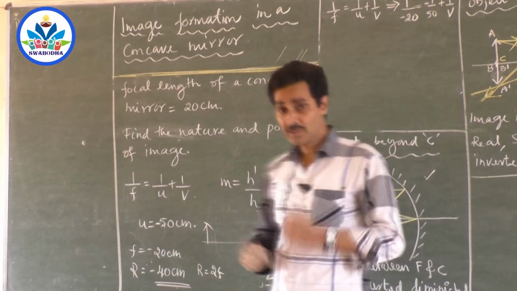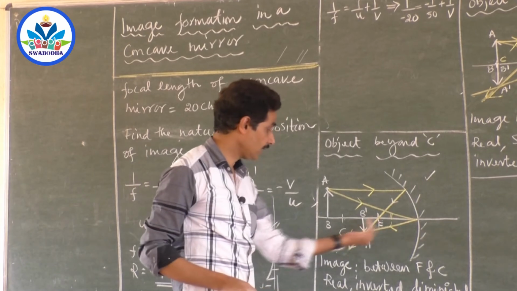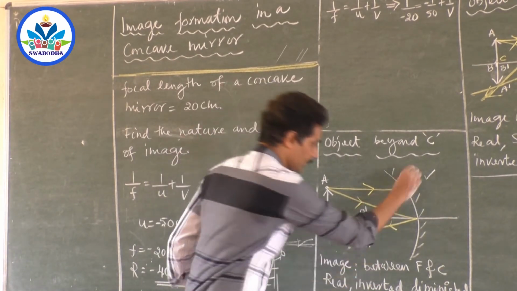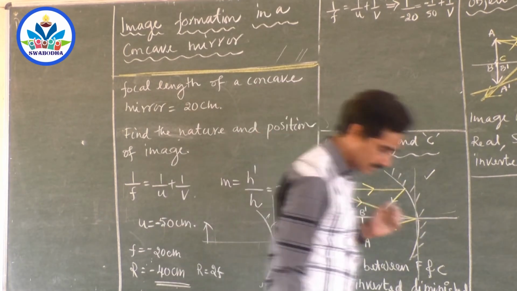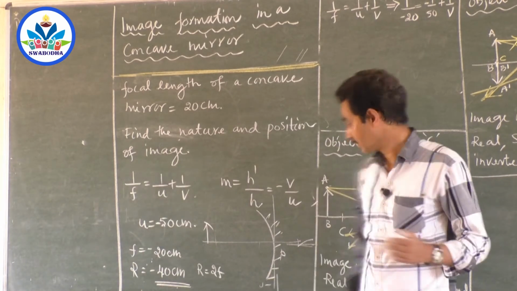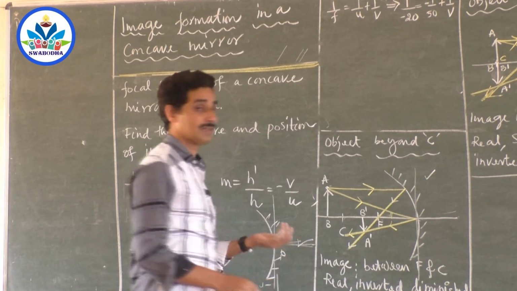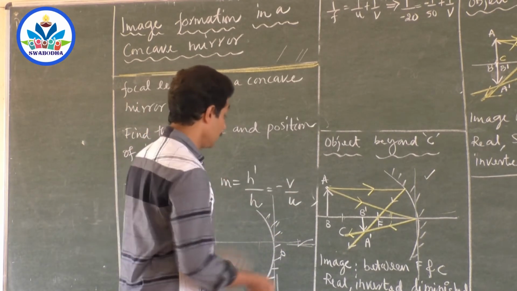Now v should also come with a negative sign. Can you tell me why? The image is also on the left hand side, between f and c. All the distances are measured from the pole, but the rays are moving forward, while the image distance has to be measured from the pole to the image. So it is the opposite direction. Distances measured opposite to the direction of incident light are taken negative. So it should be negative.